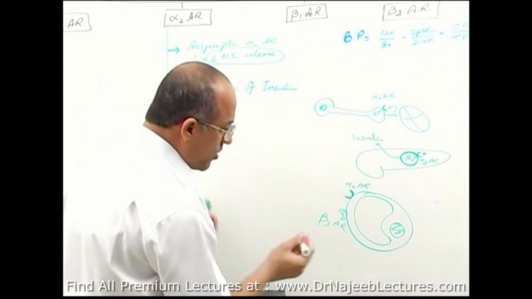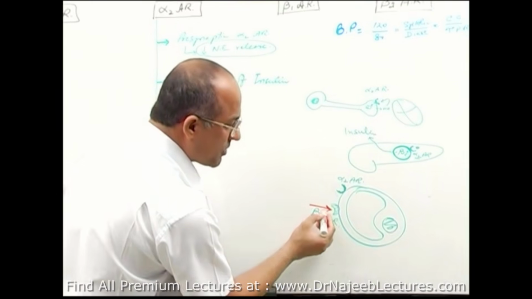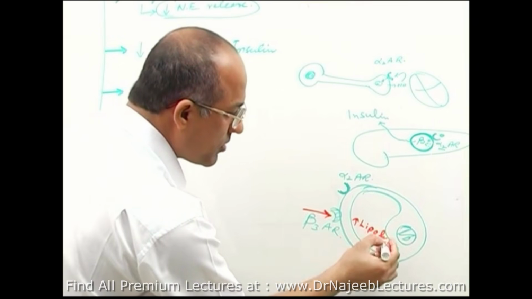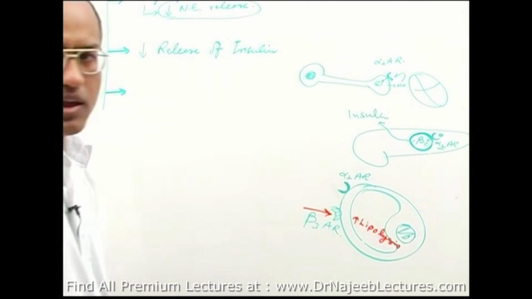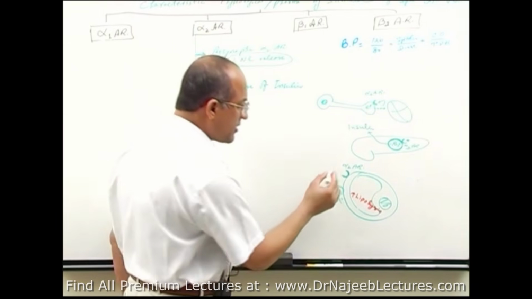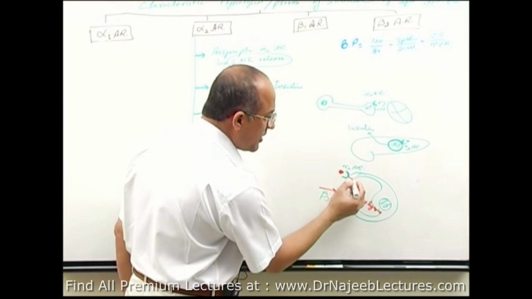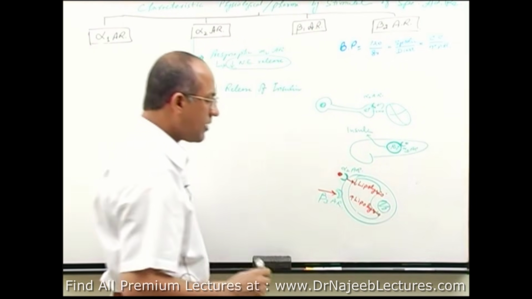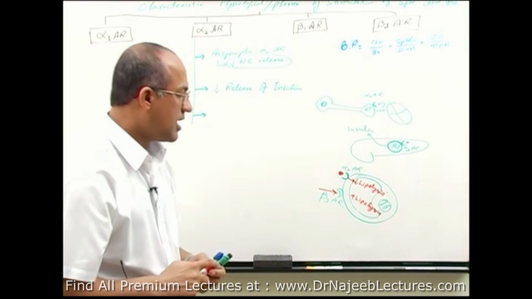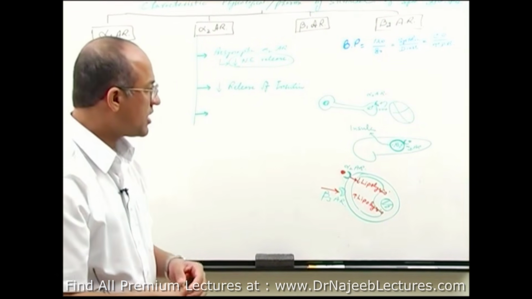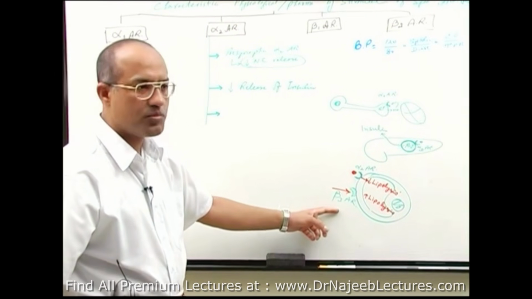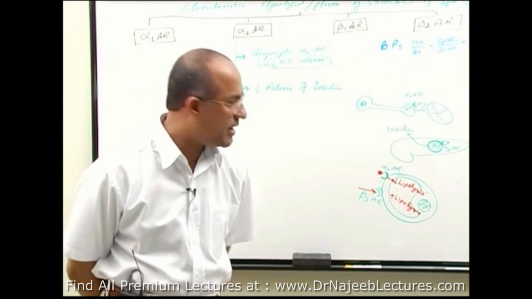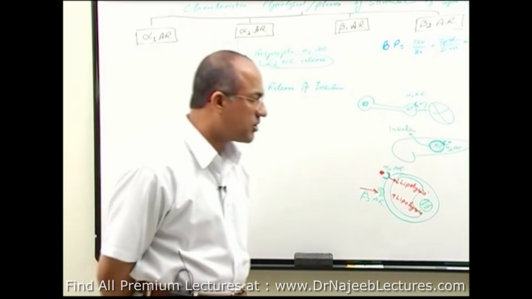Actually, when you stimulate the beta adrenergic receptors, it increases lipolysis. But when you stimulate alpha 2 adrenergic receptors, it will decrease lipolysis. So it means on the adipocytes, there are alpha 2 adrenergic receptors as well as beta 3 adrenergic receptors. Beta 3 adrenergic receptors are stimulatory for lipolysis, and alpha 2 receptors are inhibitory to lipolysis.